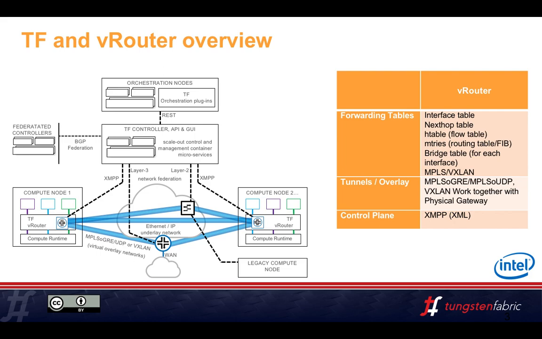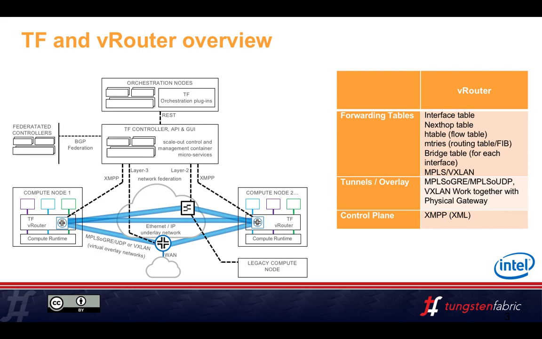The vRouter chooses to have several, much smaller lookups, and I have listed them there. In terms of tunnels, the vRouter supports MPLS over GRE, MPLS over UDP, VXLAN, and by the way, if anybody wants to ask a question or add something that I might be missing, please raise your voice.